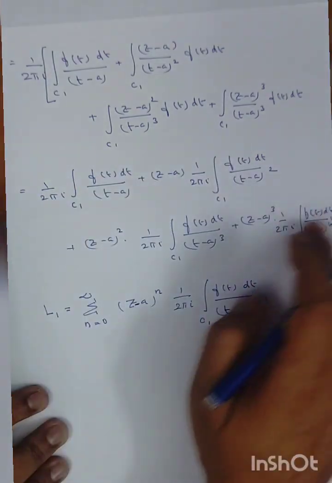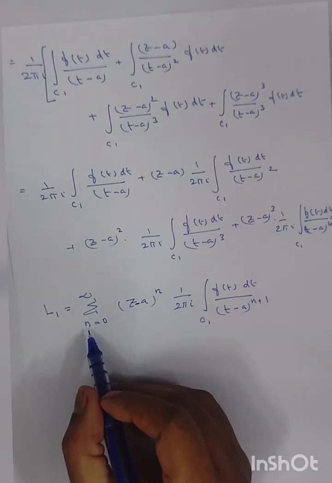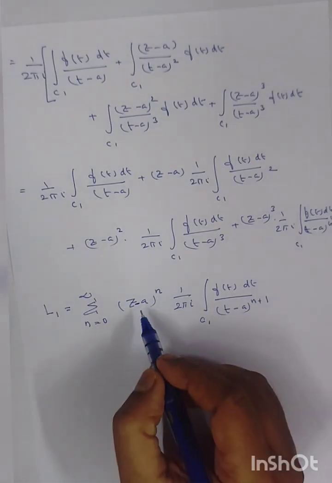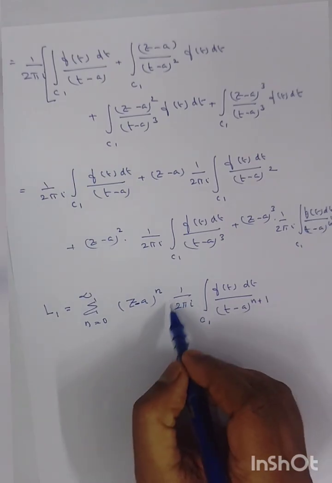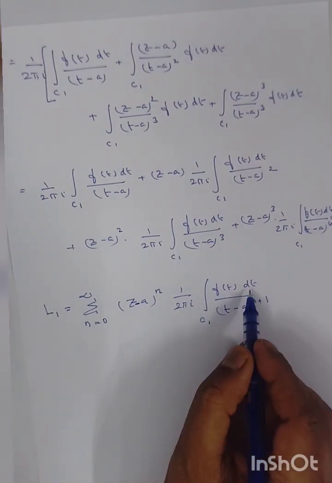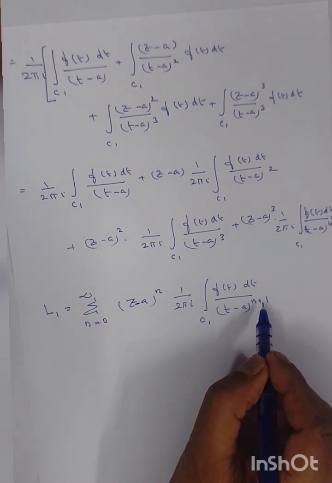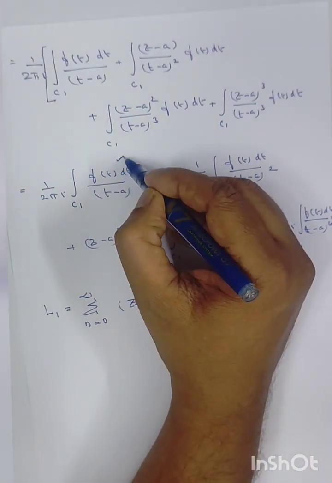So this above equation is equal to this thing. How? Now you put n is equal to 0. So z minus a whole power 0, anything power 0 is 1. So remaining is 1 by 2 pi i closed integral of c1 f of t dt by t minus a. Here n is equal to 0, so it becomes 1, so t minus a. So it represents the first term.